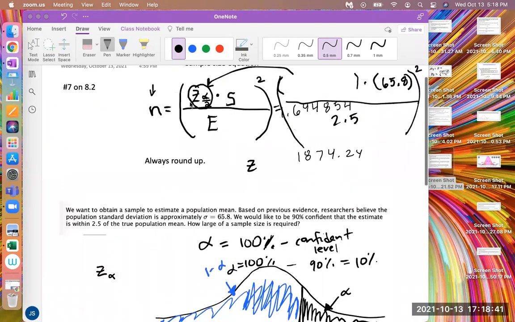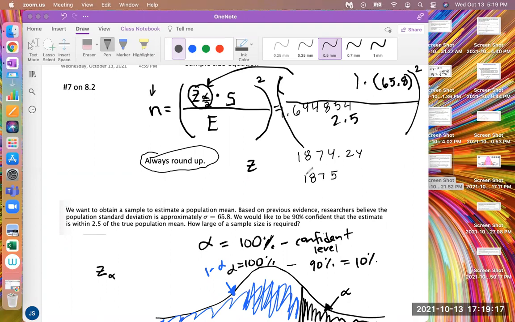And now what we have to always remember to do, this is the minimum amount of people that I need to sample. So if I sample anything more than that, that's fine, but this is just the minimum. So the best thing that we always have to do is round this number up and say, okay, well, if the minimum is 1,874 and a part of a person, then the actual minimum is rounding that one up, because we can't do part of a person.